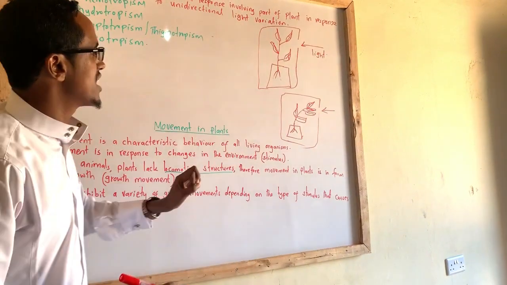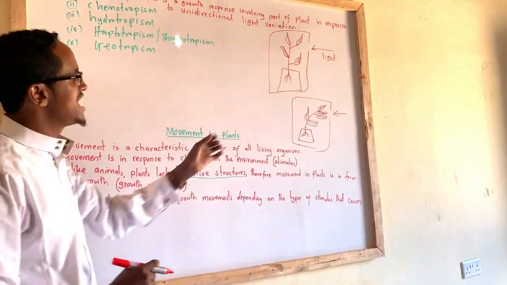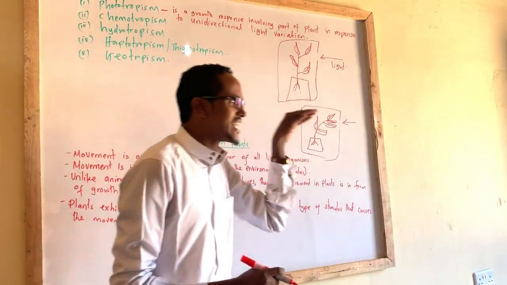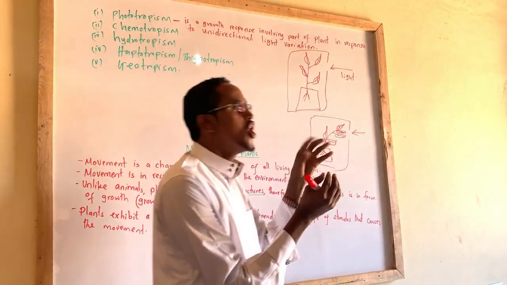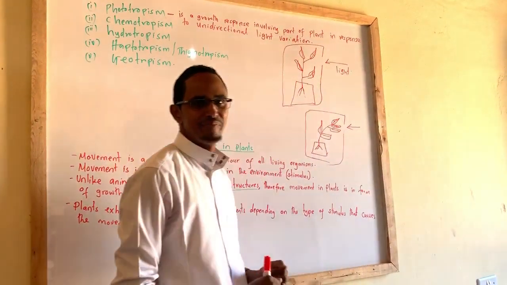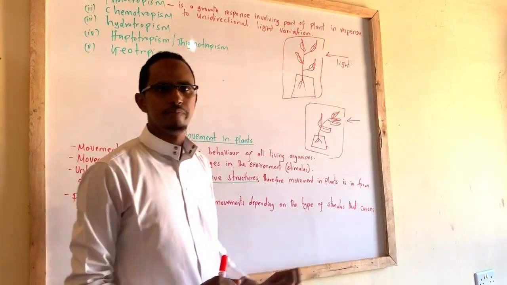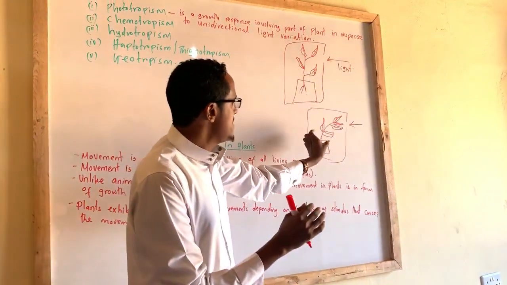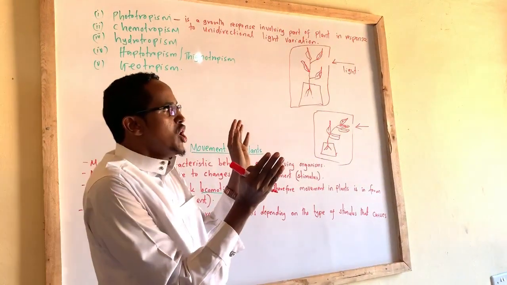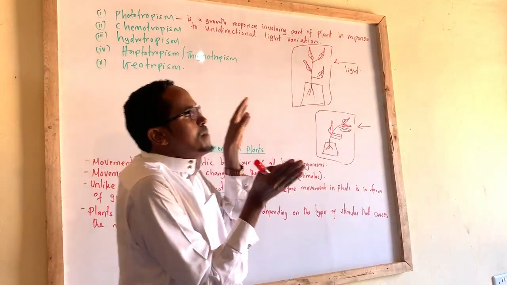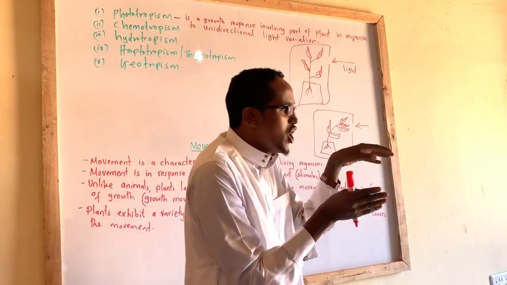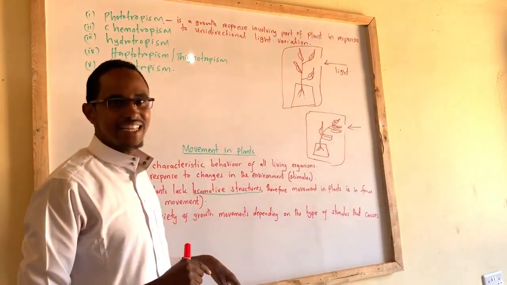After 48 hours, your observation will be that the shoot will bend. The shoot will grow toward the source of light. This is growth. This is a movement. The shoot of a plant is moving, growing toward where the light is coming from.